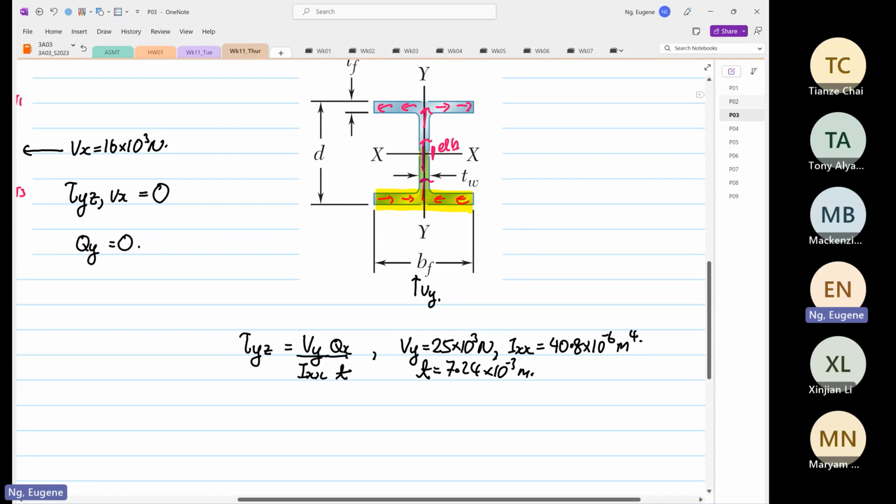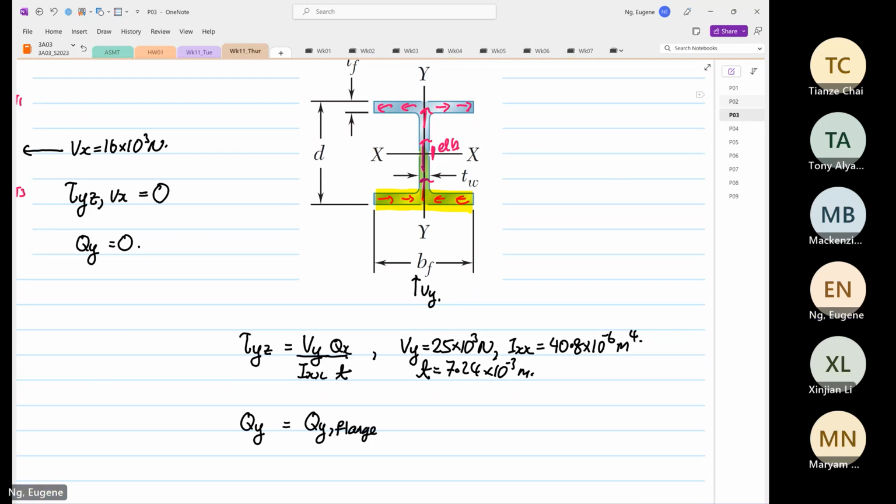So QY is equal to QY of the flange plus QY of the web. So this will be our width, and then this over here will be our depth.